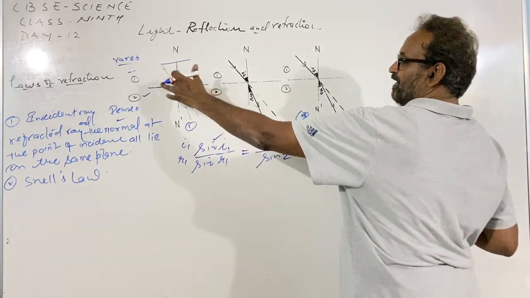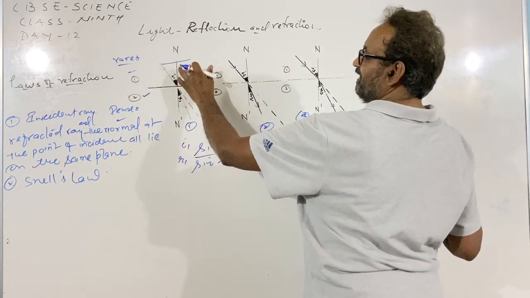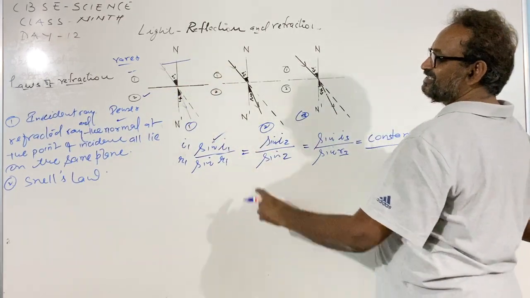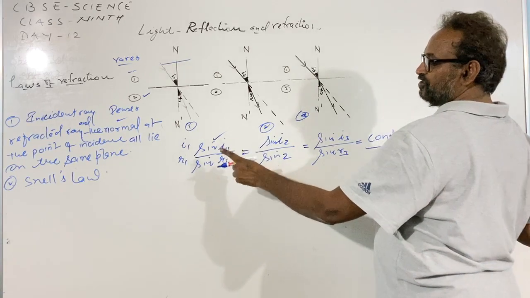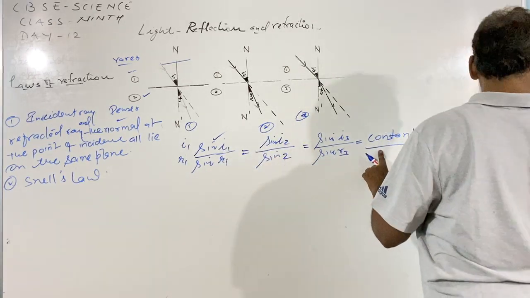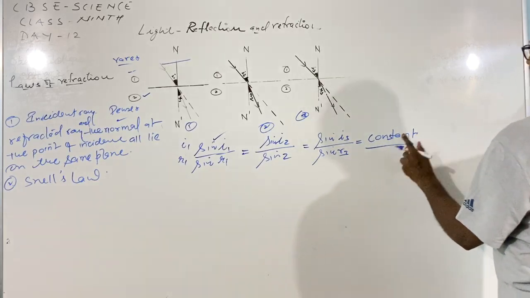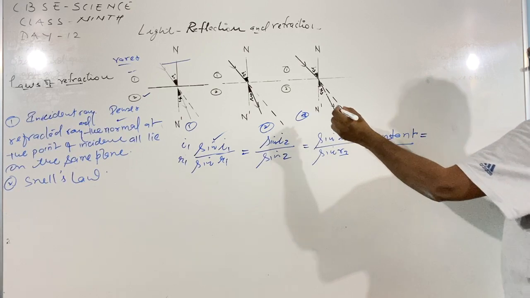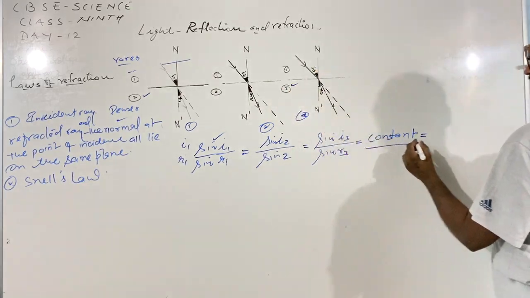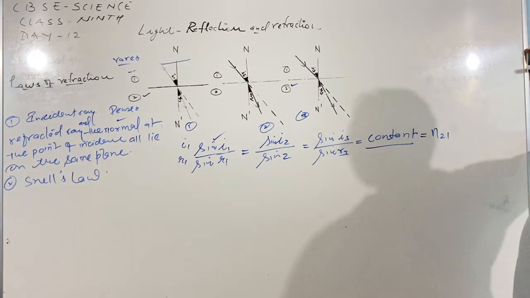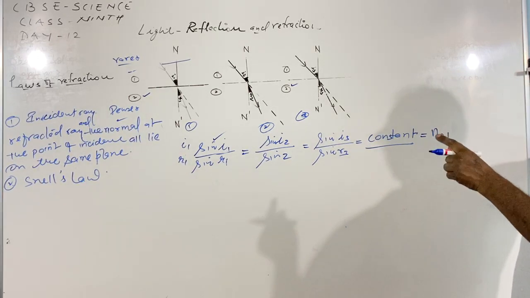For a given pair of media, for a given color of light, the ratio of sine of angle of incidence to the sine of angle of refraction is always constant. This constant is known as refractive index of the second medium with respect to first medium. It is represented by N.